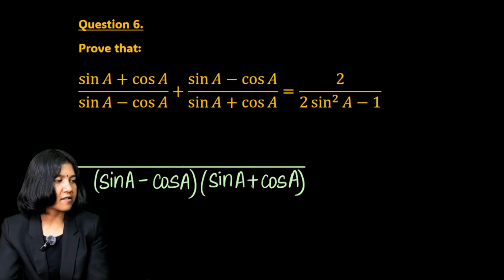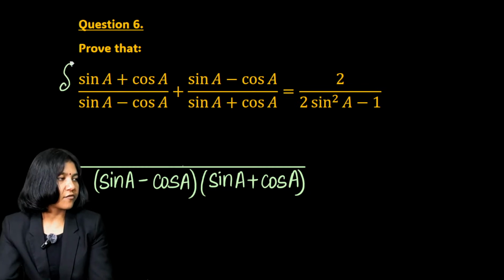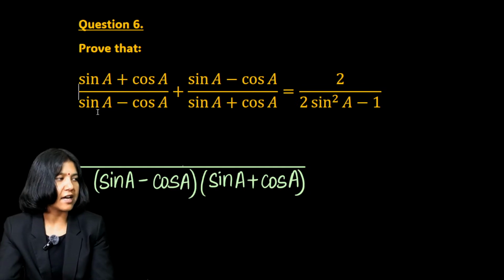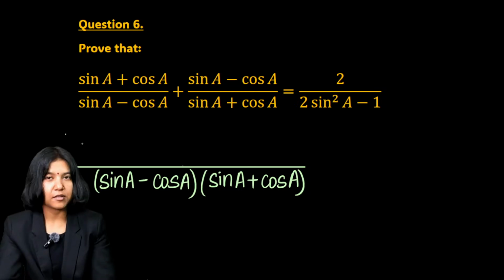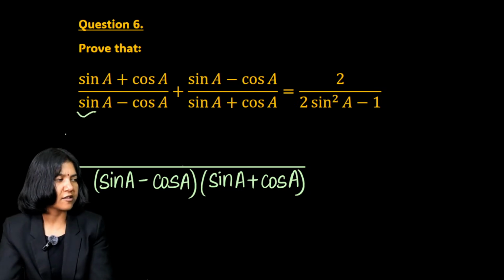Now to write this fraction with both terms in the denominator, I have to make sure that I am multiplying the numerator with the same expression. Because the denominator here was just sine A minus cos A, and now my new denominator has that additional term multiplied, I have to multiply the same thing to the top.